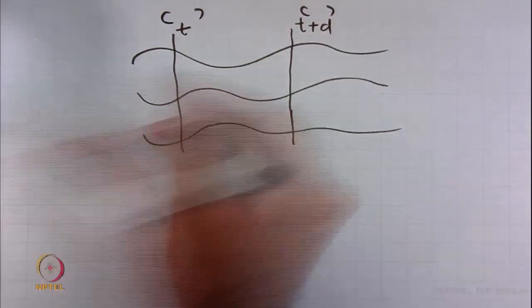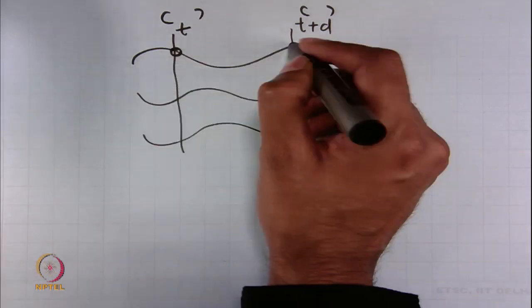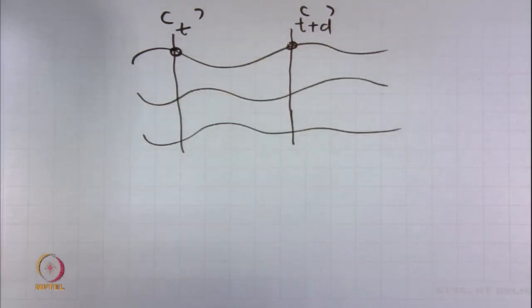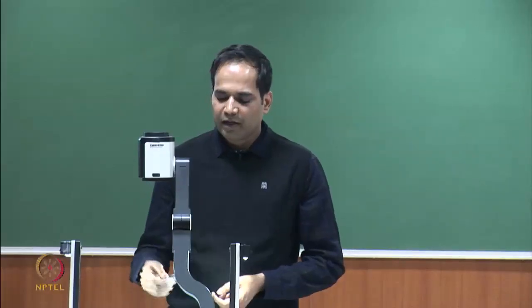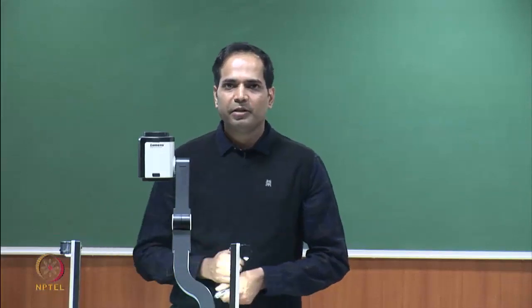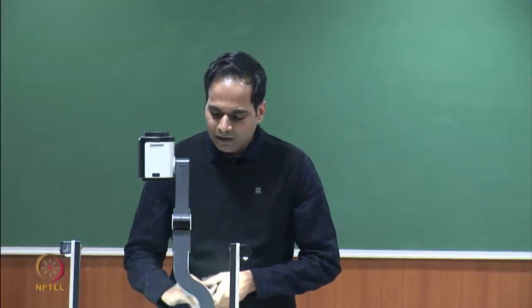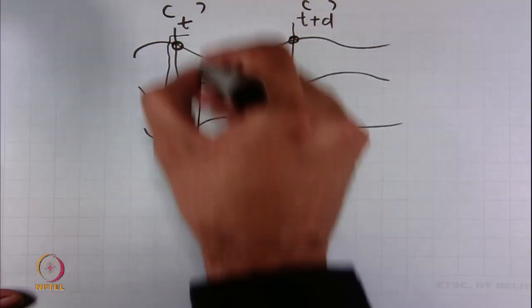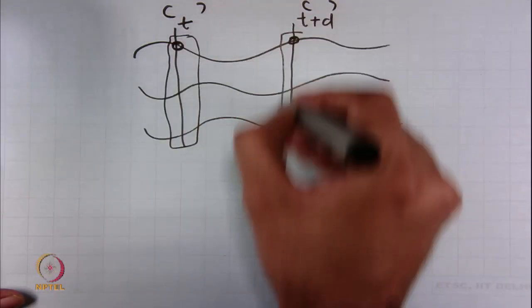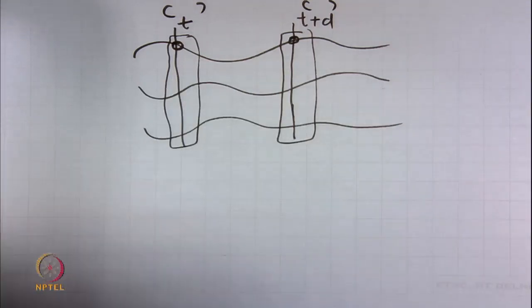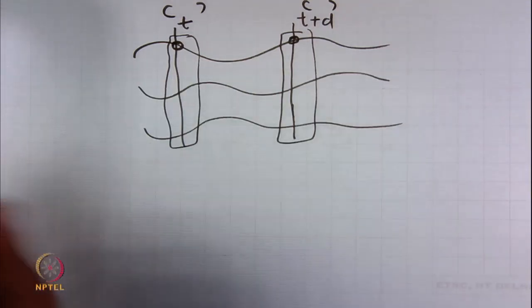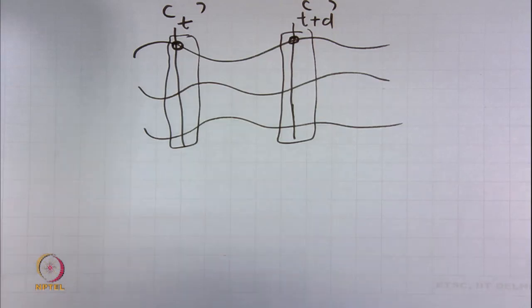Statistically, it does not mean that this value is the same as this value. Do not get confused that the sample functions are completely deterministic; they are not. Statistically, if you see this random process at time instance t or at t plus d, these samples are the same, that means they have the same mean, the same probability density function and so on. That is the meaning of statistically indistinguishable.